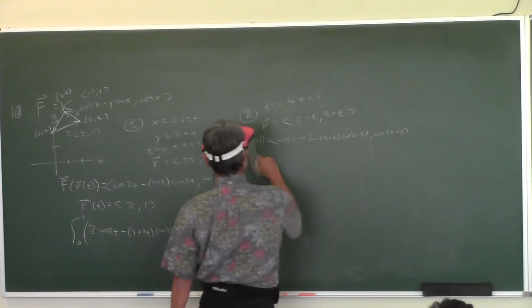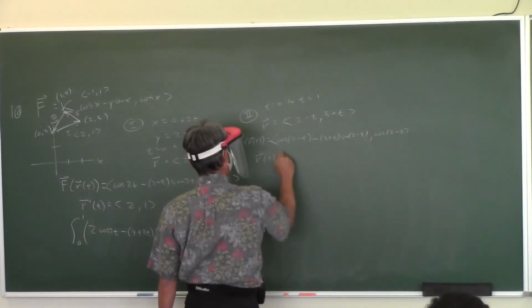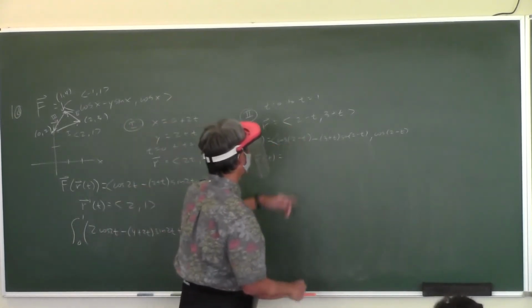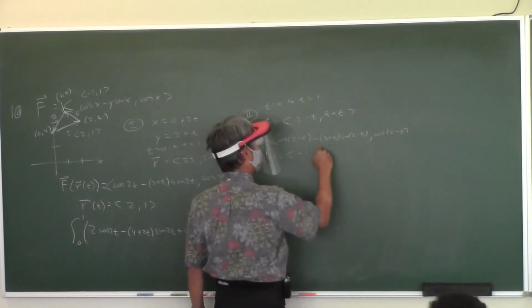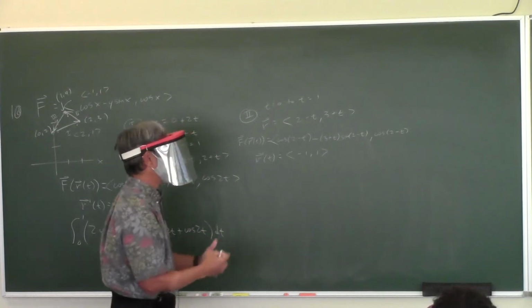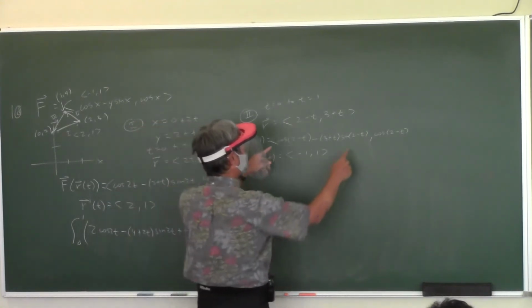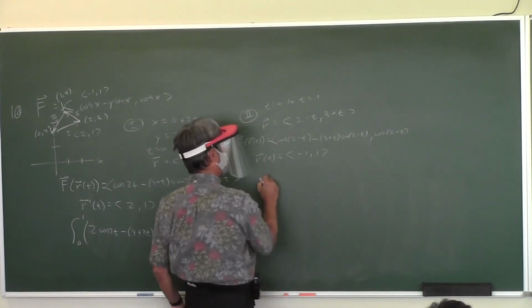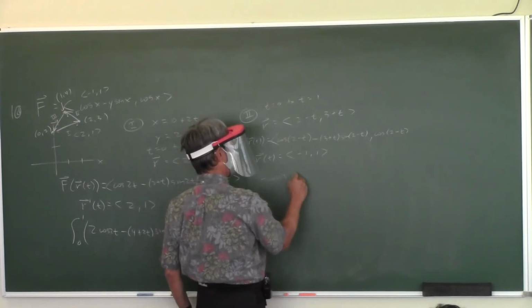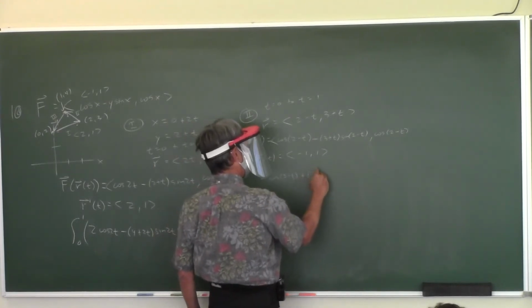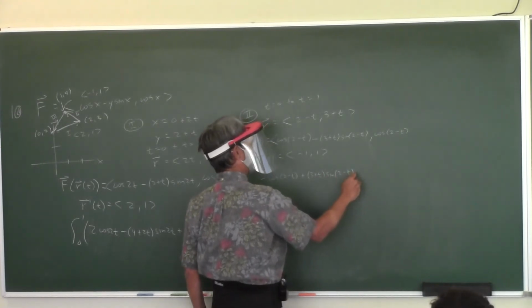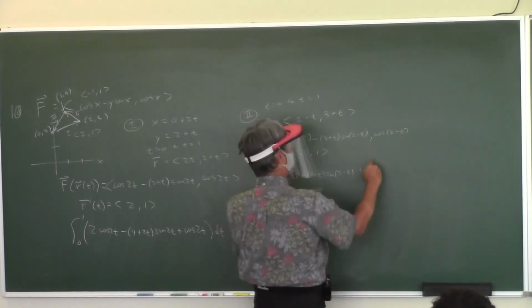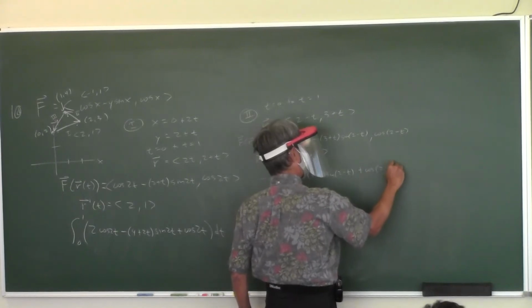And then what is r prime? Well, if this is r, what is r prime? Negative 1, 1. And then we're going to take the dot product. So the dot product will be this times negative 1. So negative cosine 2 minus t plus 3 plus t sine 2 minus t plus 1 times this, cosine 2 minus t.